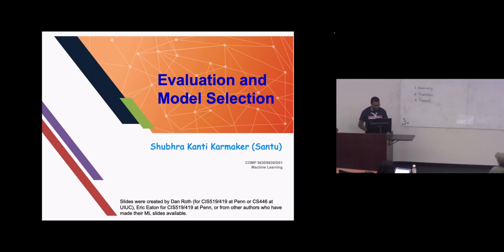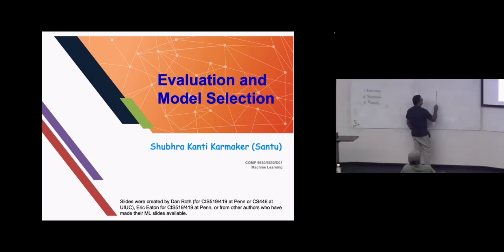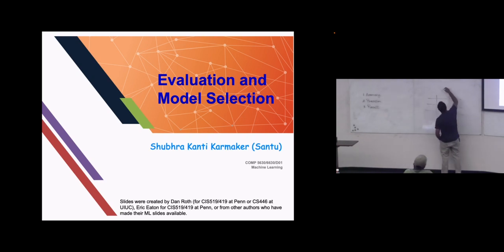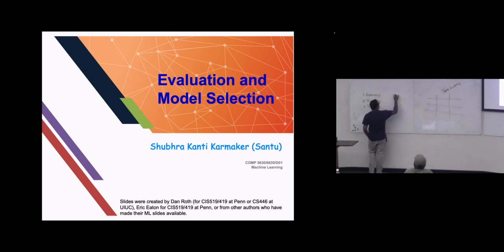So we actually created this table to better define these numbers, right? So in one axis, we had true labels. So think about this play tennis data set, right? Play tennis.